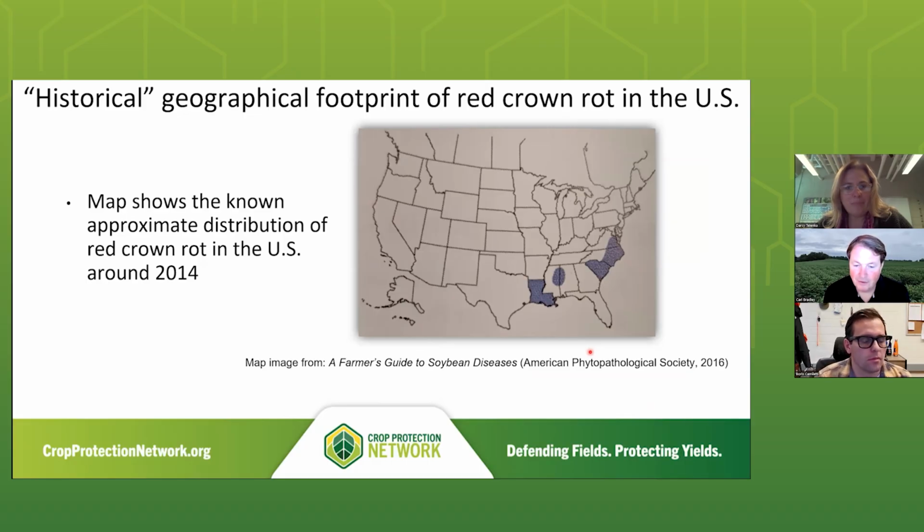There were several soybean pathologists that helped update this map, along with several other diseases. We actually did this at a meeting in 2014 where we literally took crayons to draw in where different diseases were on the map. And this is what that distribution looked like in 2014.